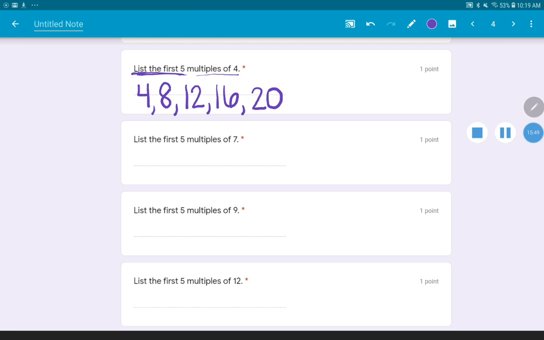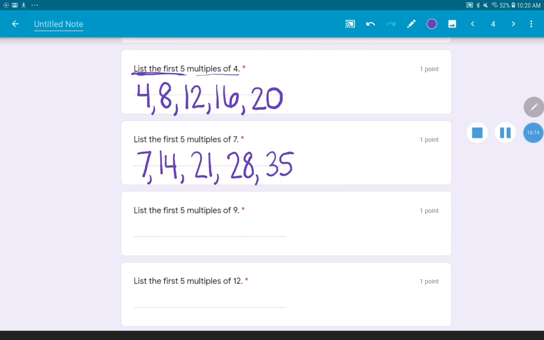All right, next we're listing the first 5 multiples of 7. So we're skip counting by 7s. So it would be 7, then 7 times 2 is 14. 7 times 3, 21, 7 times 4, 28, 7 times 5, 35.